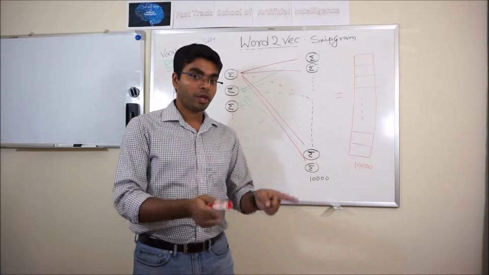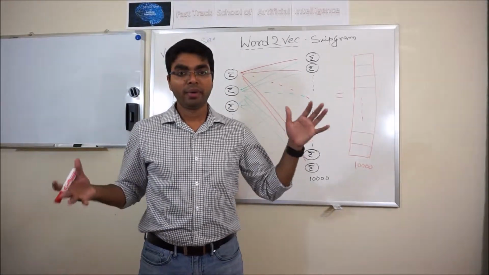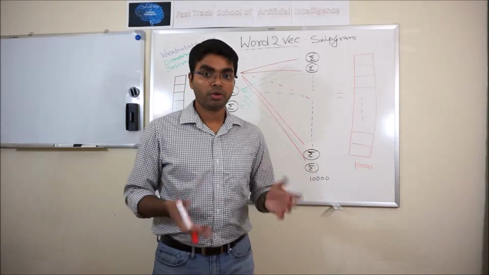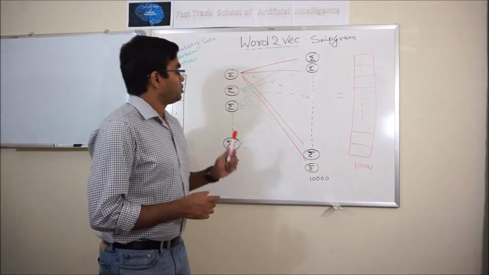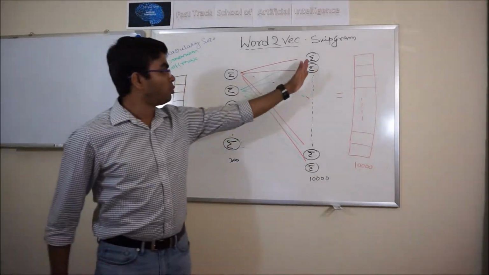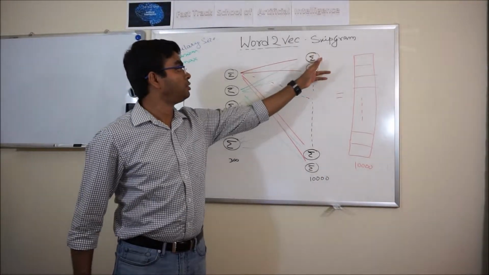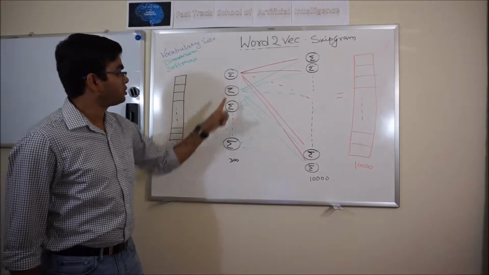As we have one hidden layer, it is a very shallow neural network, but it may have a very big number of neurons depending on the dimensions we are using. In this particular case, this is the input layer, this is the output layer, these are individual neurons, and this is the hidden layer.